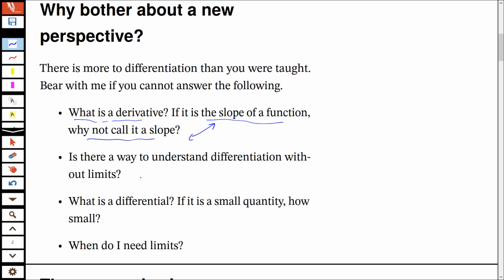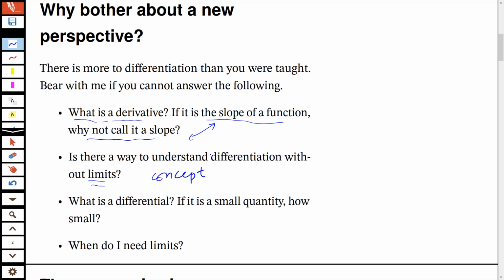Because limits is something which hides many things under the mathematical rug, and it would be nice to just focus on the concept of the derivative without being lost into the details, because limits is too much detail.